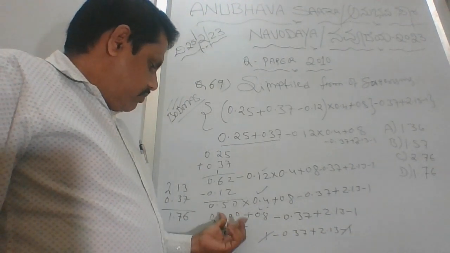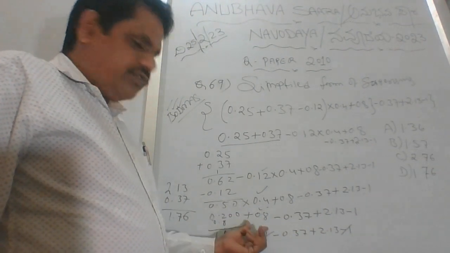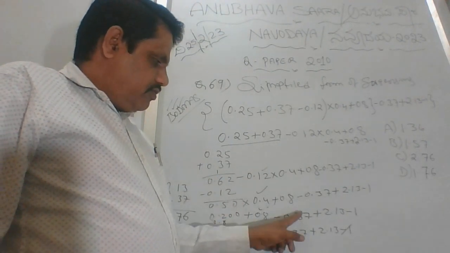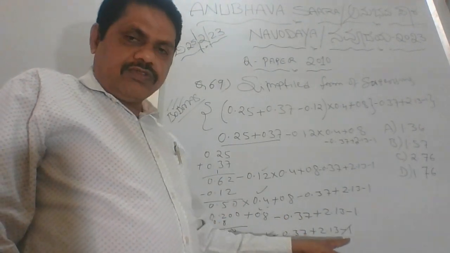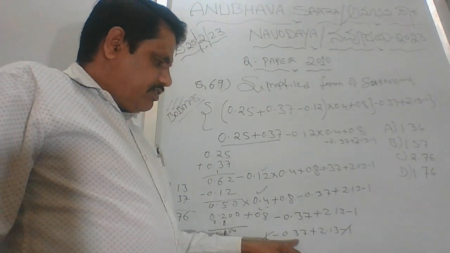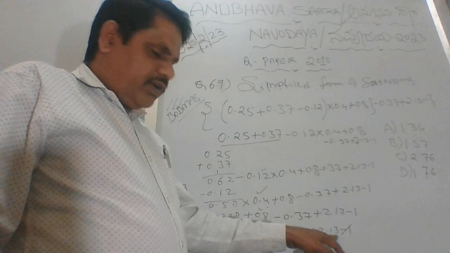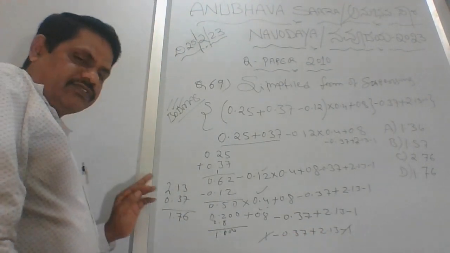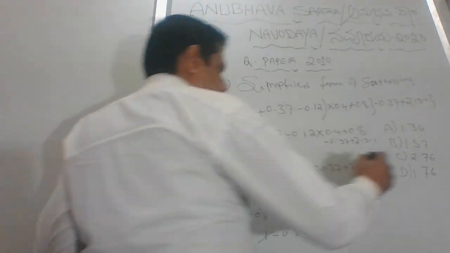When I added 0.2 and 0.8, it became 1. 1 minus 0.37 plus 2.13 minus 1. So I removed 1, then subtracted 0.37 from 2.13. 1.76 is the answer. Okay.